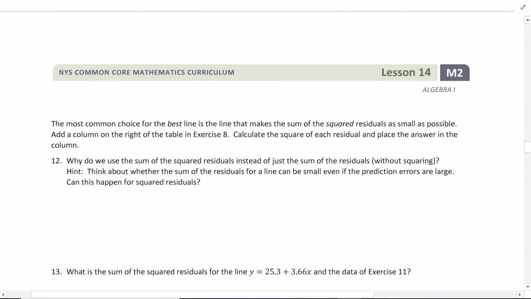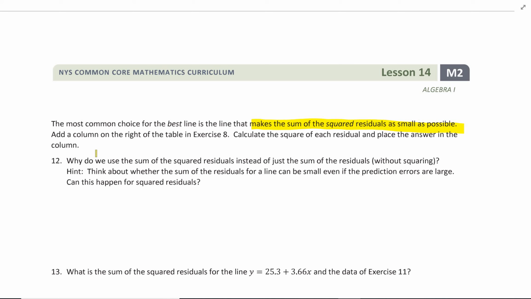The most common choice for the best line is the line that makes the sum of the squared residuals as small as possible. Add a column to the right table in exercise 8. Calculate the square of each residual and place the answer in the column. So, again, you guys can pause the video real quick.